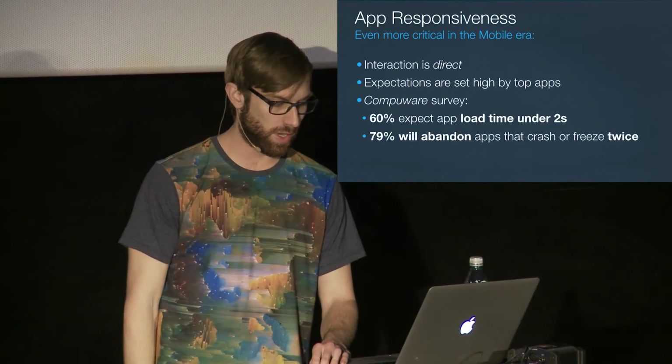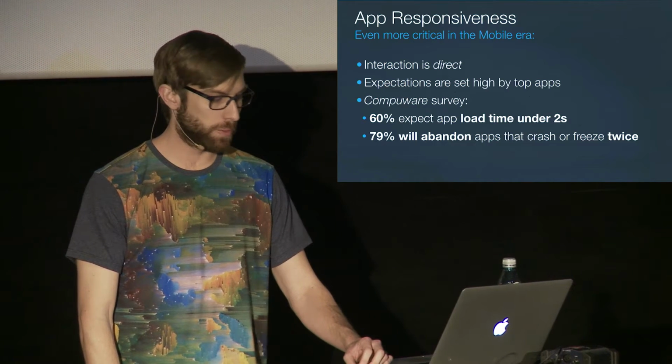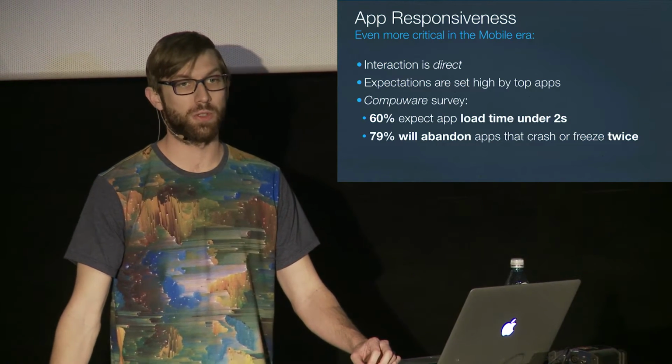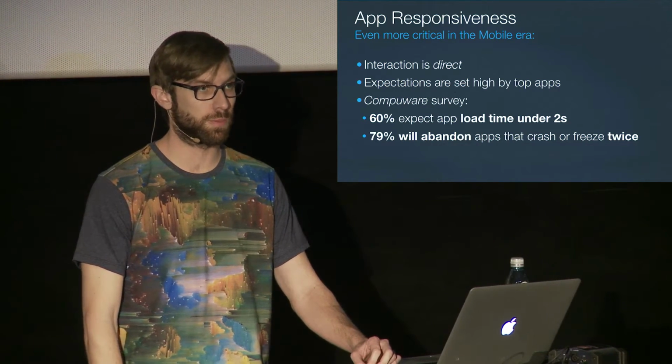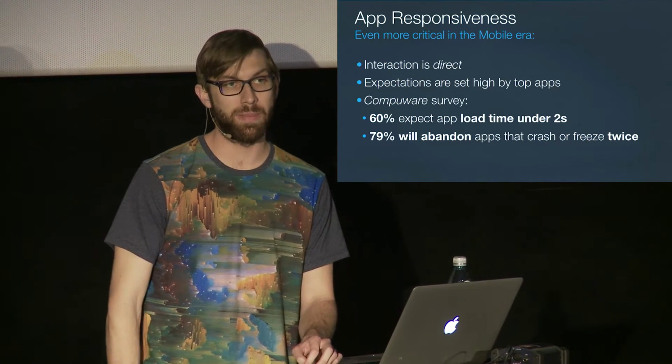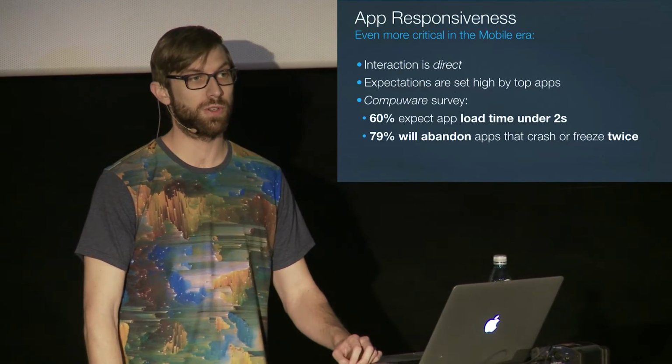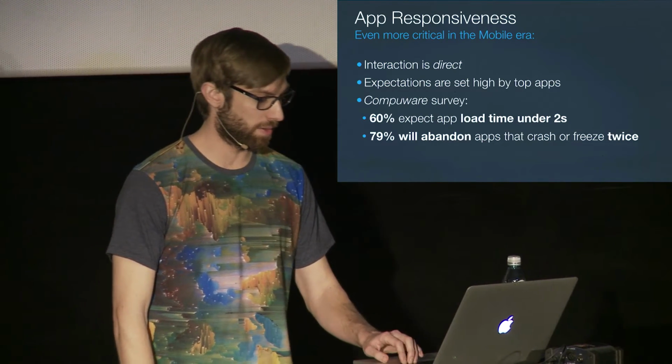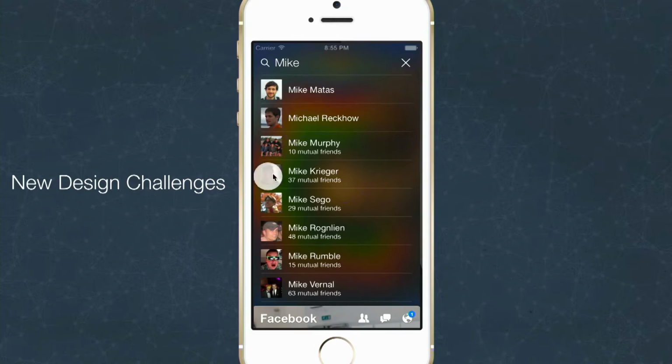Surveys specifically on mobile show most people expect load times under 2 seconds for an app to launch. This is pretty quick. And about 80% will abandon an app and may never revisit it if it crashes or freezes just twice. So this is a pretty high bar.